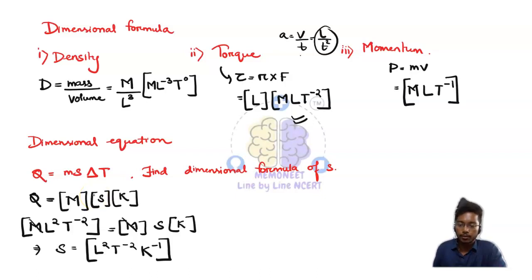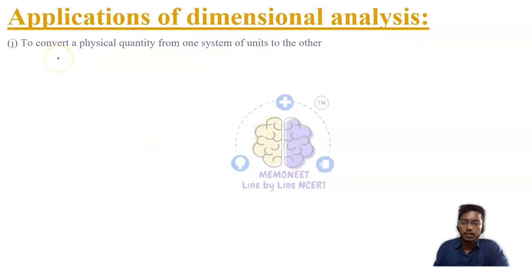Specific heat, we have the dimensional formula here, that is L square T to the power minus 2 into K to the power minus 1, that is Kelvin. The application of dimensional analysis to convert a physical quantity from one system of units to another.